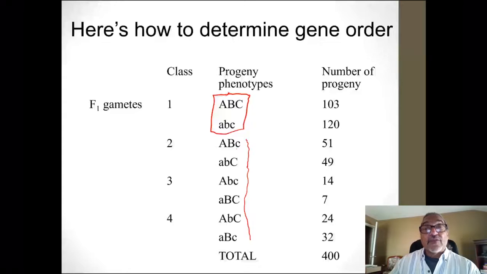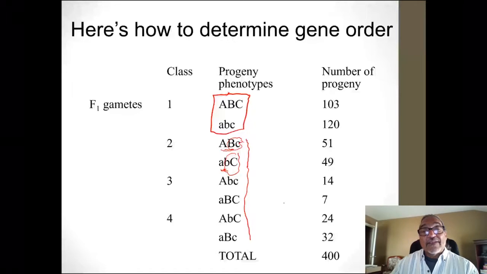These are very interesting because if we compare 3, notice that if we look at just genes A and B, any individual in class 2 is non-recombinant with regard to A and B, but recombinant with regard to B and C.